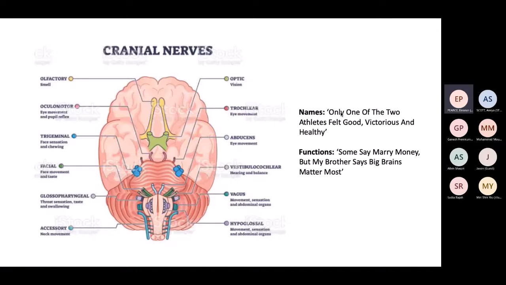And then functions: some say marry money, but my brother says big brains matter most. Whenever these words match up with the numbers of the cranial nerves, if it's S, then it's a sensory nerve. If it's M, it's a motor nerve. And if it's B, then it does both. It's quite a good one to note down for your exams.